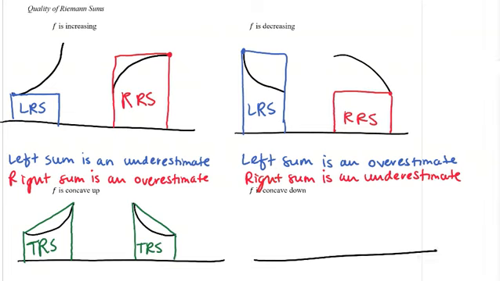And when the function is concave down, we'll come through and we'll see that these trapezoids are underestimating.